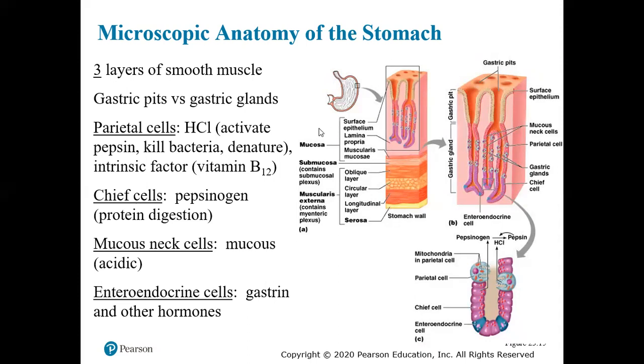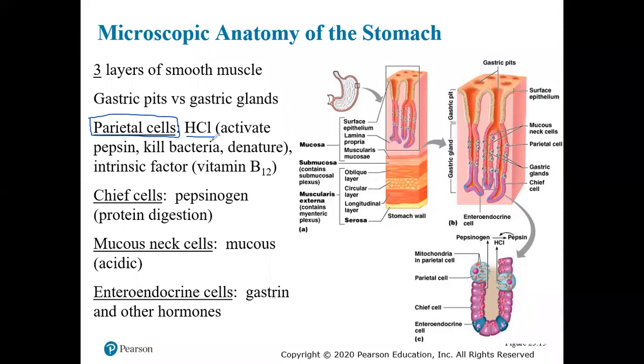The 4 gastric glands that you need to know are going to be the parietal cells. And the parietal cells are going to be more numerous towards the top. So as we get closer to the gastric pit, and that's because they secrete hydrochloric acid. So you don't want them here at the bottom, you want them here at the top.